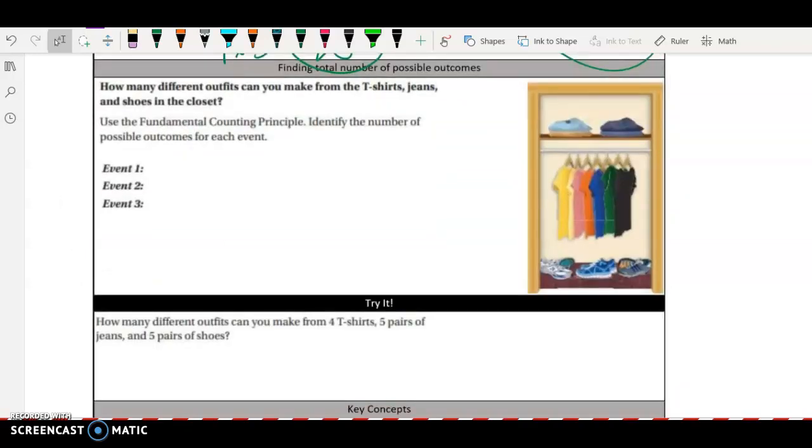All right, now finding the total number of outcomes. How many different outcomes can you make from the t-shirt, jeans, and shoes in the closet? We're just using the fundamental counting principle to figure out how many possible outcomes there are. If you look in our closet, we have 4 pants. We have 1, 2, 3, 4, 5, 6, 7 shirts.